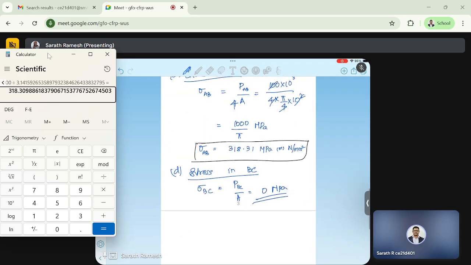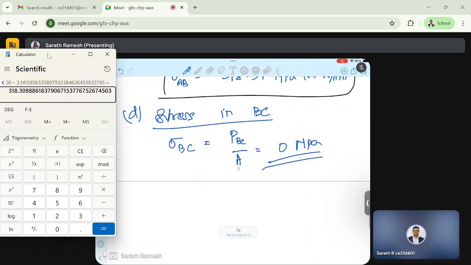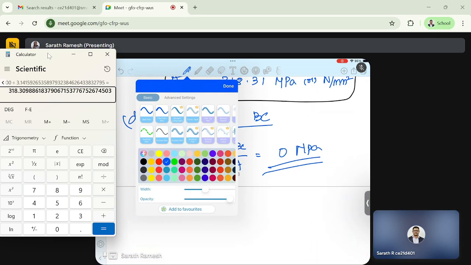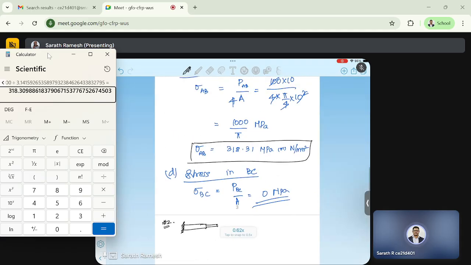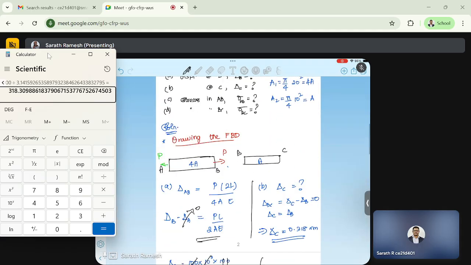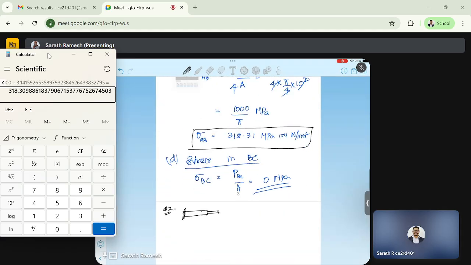Now let's move on to the next problem. Second problem for the day. Problem number 2. Suppose we have the same stepped shaft, and in addition to that, we also have a load at the end.